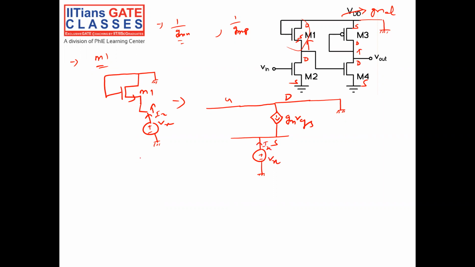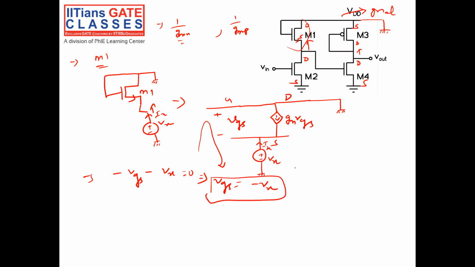This is VGS. First thing, what is VGS? If we apply KVL here, minus VGS minus Vx is equal to 0. This implies VGS is equal to minus Vx.